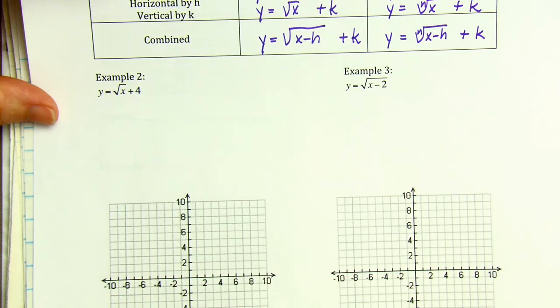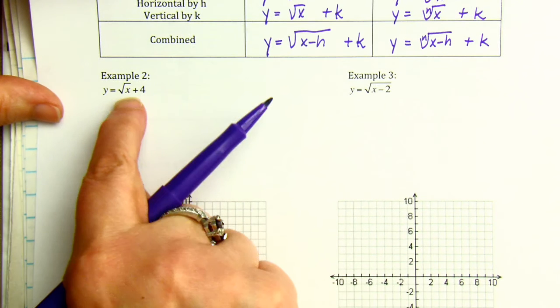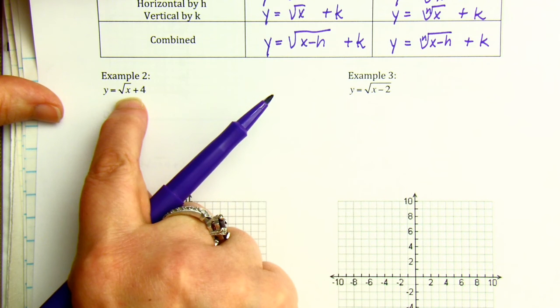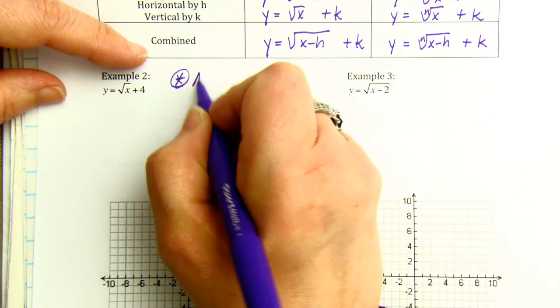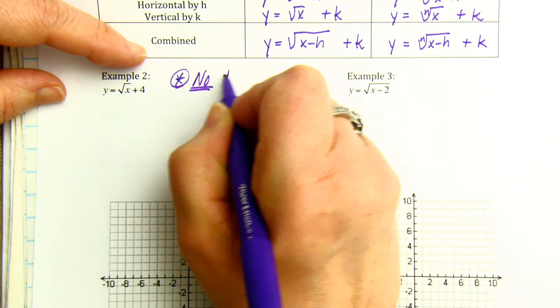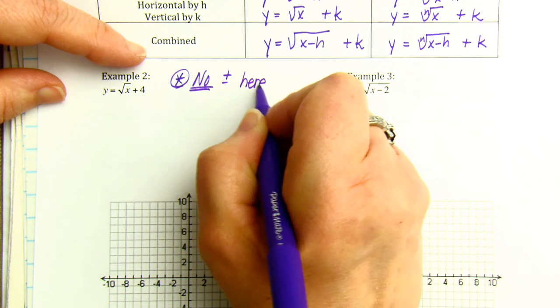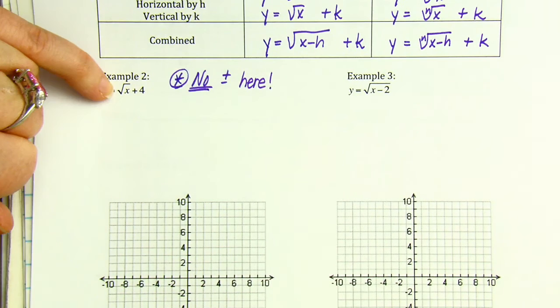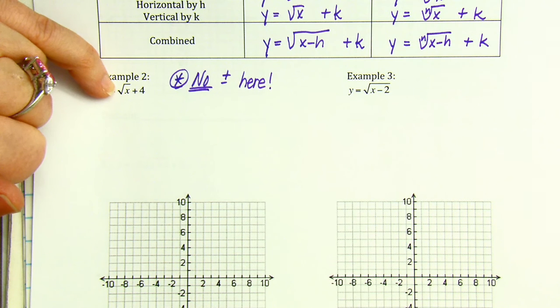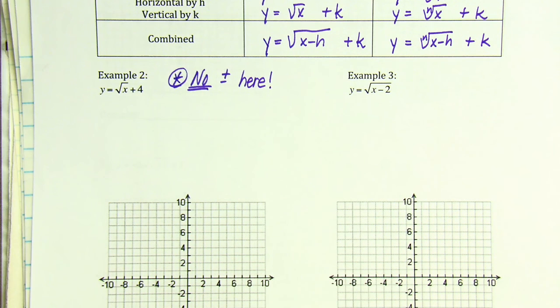Example 2, we are going to graph the square root of x plus 4. There's no plus or minus here. You are not taking the square root. The square root is already given to you, and it's given to you as the positive case, because if it wasn't the positive case, there would be a negative sign in front of it.